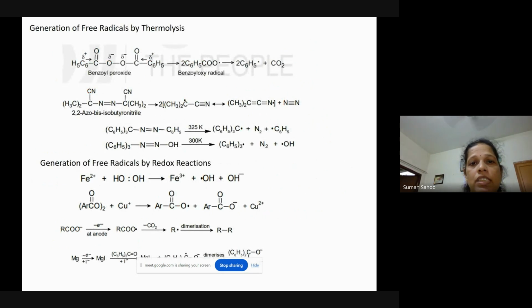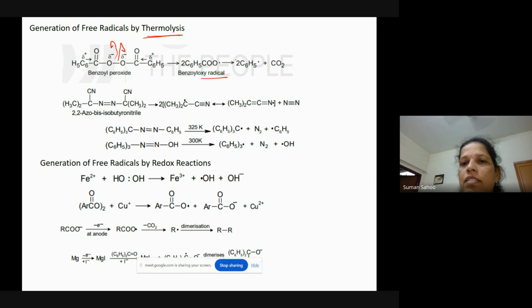Even by thermolysis, like I told you, when we give heat, that also gives a free radical. This benzoyl peroxide is mostly used in chain polymerization reactions. In that case, benzoyl peroxide first cleaves on this bond to give a benzoyloxy radical.